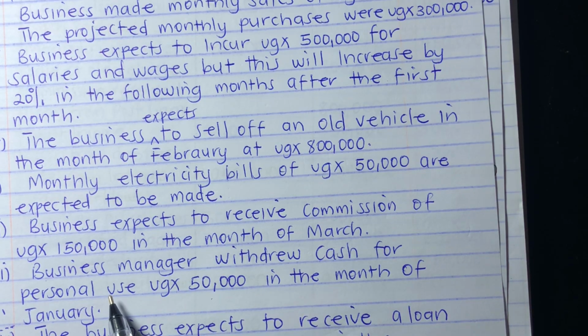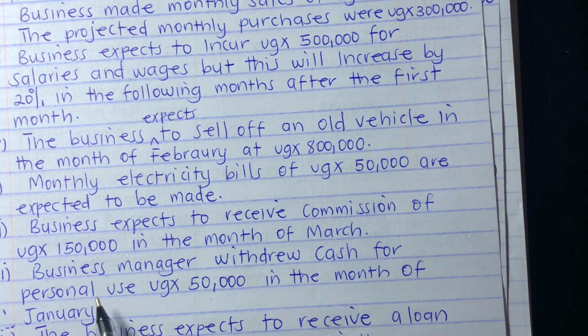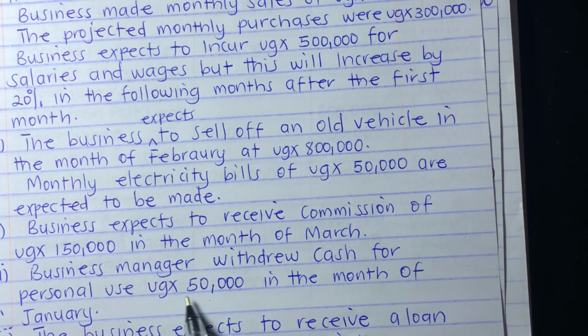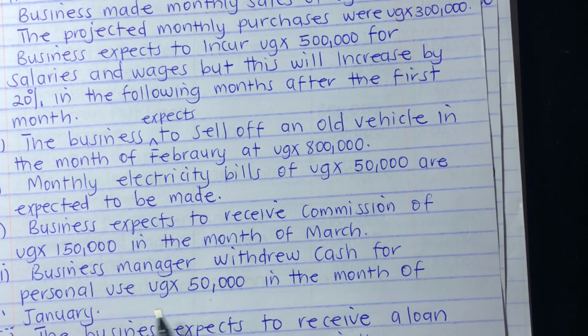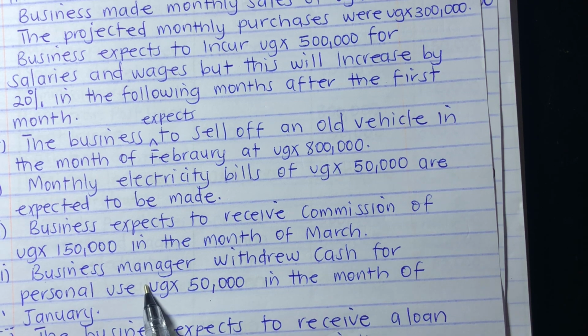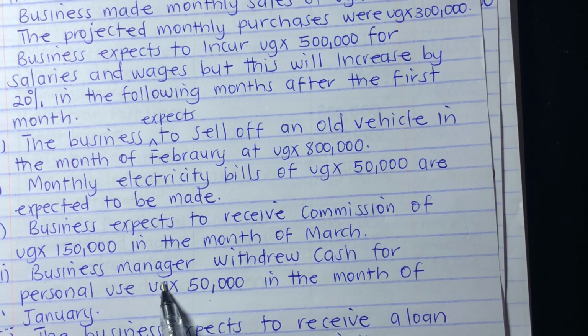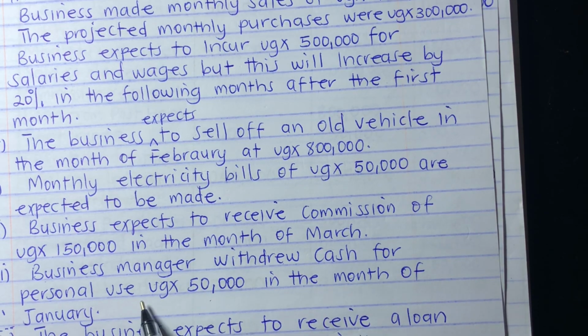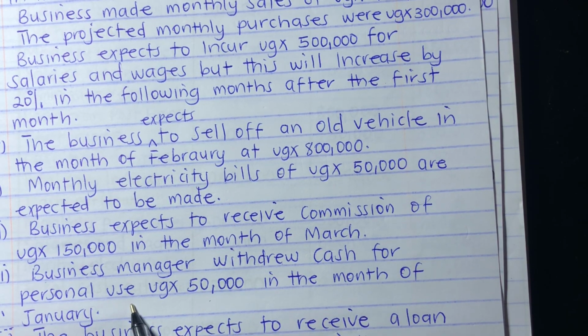So in this example, we see the business manager withdrawing money for personal use in the month of January. So we don't record this transaction, Roman 7, in a cash flow statement because he withdrew money for personal use, not for business use.